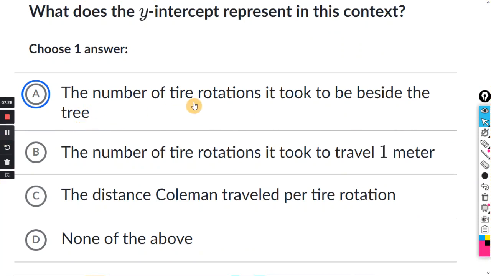No, because our translation said 0 tire rotations. The number of tire rotations it took to travel 1 meter. No, our interpretation said 0 tire rotations. The distance Coleman traveled per tire rotation. Again, no, because our interpretation said 0 rotations. So that is none of the above.